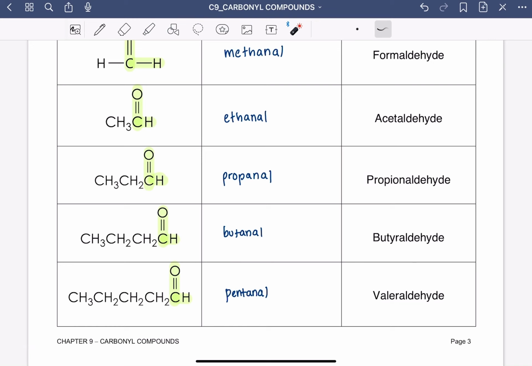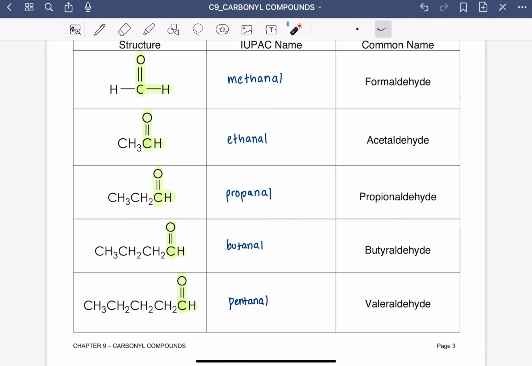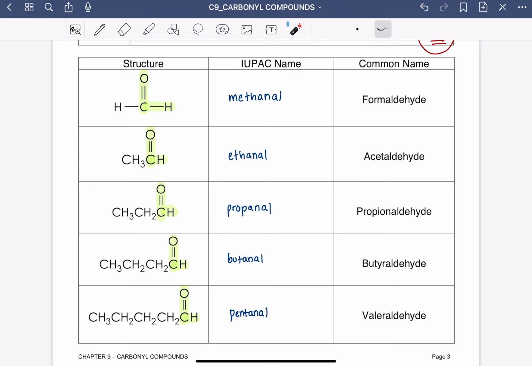But do you need to memorize those names? The answer is no. Do not worry. Because in the exam, even if they give you the common name, for example, this is acetaldehyde, they will also give you the IUPAC name, because whatever we do when it comes to nomenclature, we will always refer to the IUPAC name. So this is it.